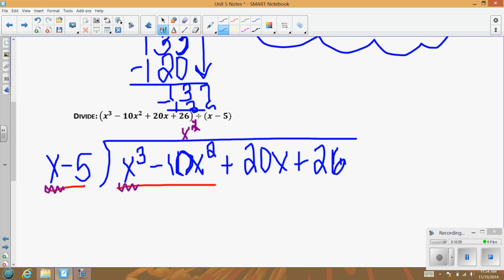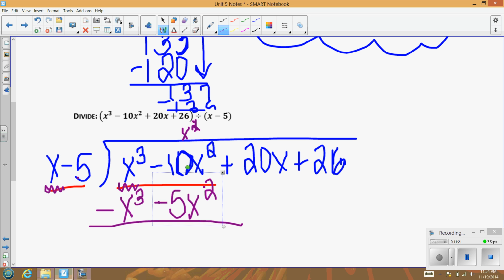So x squared times x is going to give me x to the third. And then x squared times minus 5 is going to give me negative 5x squared. So I basically am using this minus 5 just to distribute when I picked that term up top, the x squared. So then I'm going to subtract, and these are going to cancel.